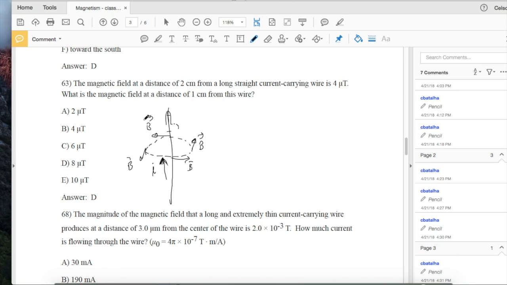By the way, the field for a long wire is equal to mu naught, a constant, I divided by 2 pi d. D is the distance from the point where you are attempting to calculate the field to the wire. So it is said the magnetic field at distance 2 centimeters. Please convert 2 centimeters to meters.